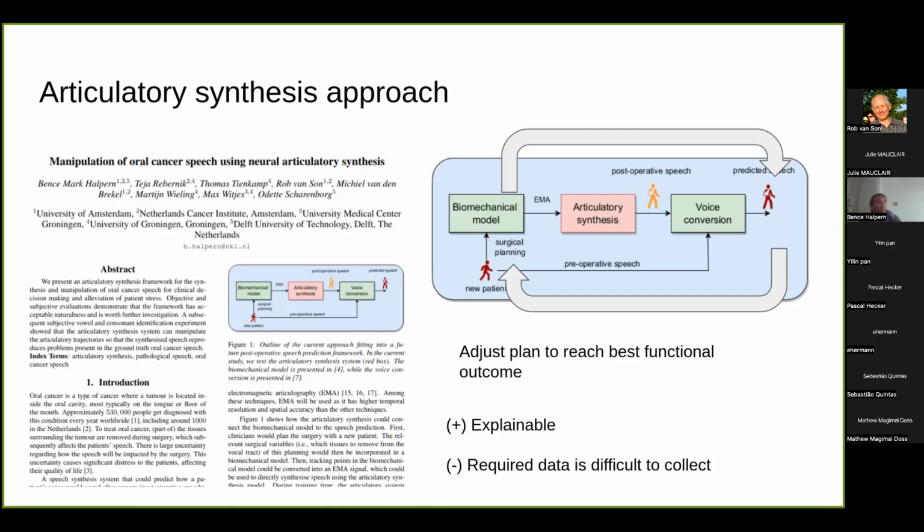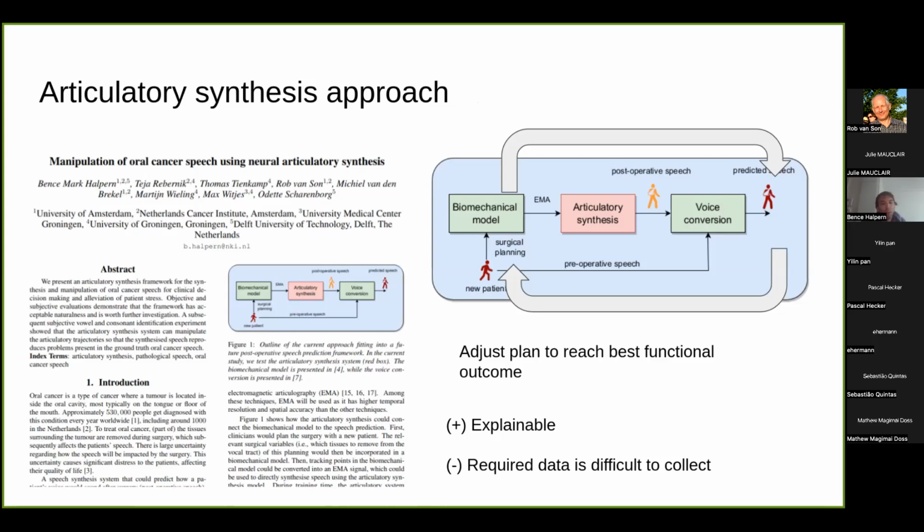And that's nice. The disadvantage of this method is that the required data is difficult to collect, but still we decided to collect a normal cancer corpus, which contains healthy speech and oral cancer speech, and do articulatory speech synthesis using this corpus.